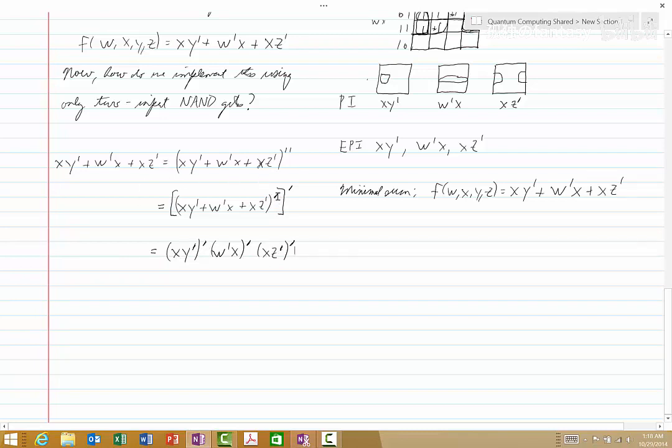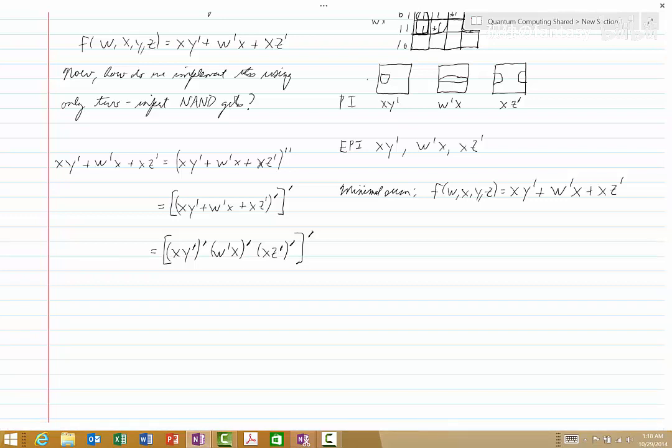Remember the prime is complement, so the complement of a sum is the product: these are all ANDed together now, rather than ORed. We have the complement of the first term, the complement of the second term, and the complement of the third term, all ANDed together. And that is equal to the term in the brackets, and outside the brackets we leave the prime exactly as it was before.